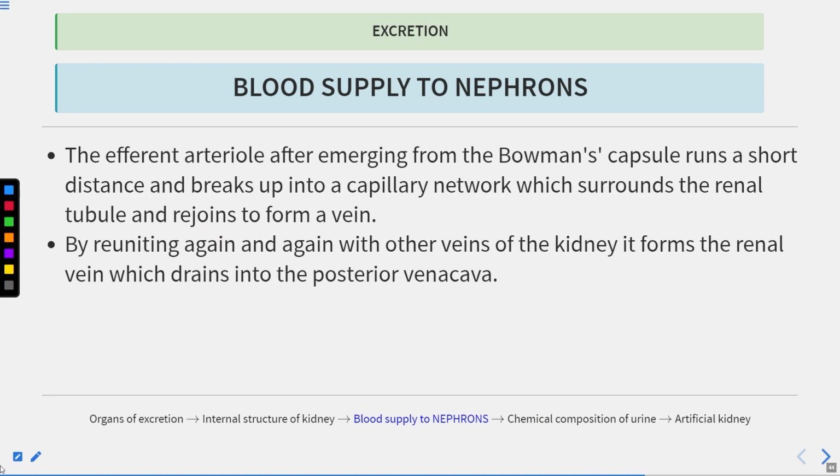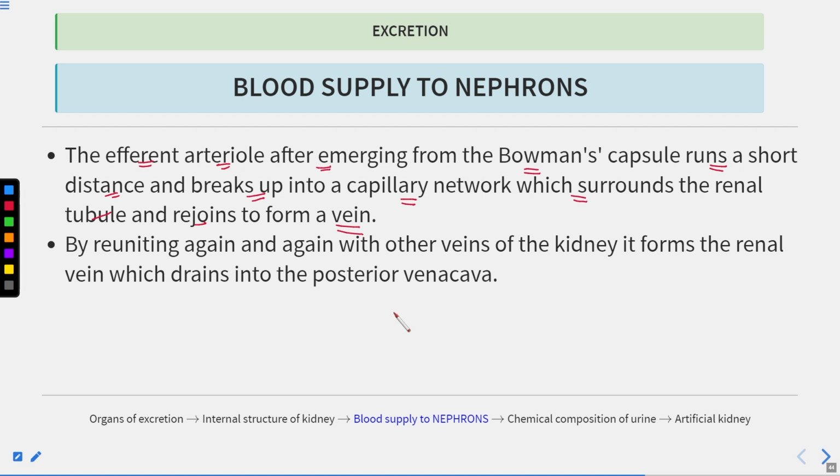Now, the efferent arteriole. We have already talked about the afferent and the efferent arteriole. This efferent arteriole emerges from the Bowman's capsule and runs a short distance, and it further breaks up into a capillary network which surrounds the renal tubule and rejoins to form a vein.